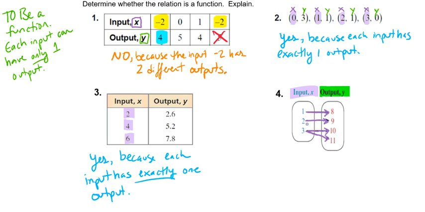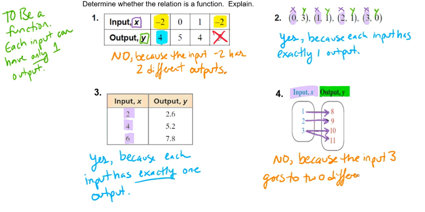So here we have one of the inputs going to two different outputs, and that can't happen if it's going to be a function. So we're going to have no, because the input 3 goes to two different outputs. If they had been the same number, it wouldn't be a big deal. But one's a 10 and one's an 11, and you can't have that.